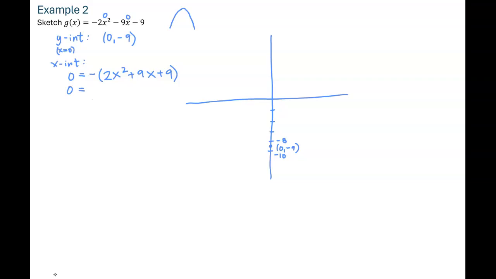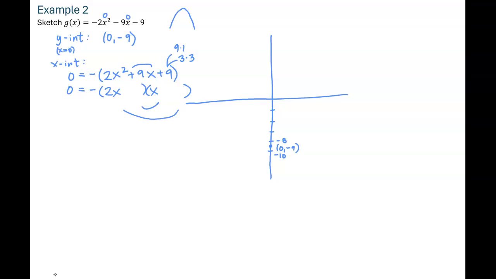Hold on. 2x squared has to split up into a 2x and an x. And a 9 can either be a 9 times 1 or a 3 times 3. And they're either going to be both positive or both negative. But if we want to get a positive 9 in the middle, I'm going to say both positive. If I do 9 and 1, I'm going to get 2 and 9, which is not going to add up to 9.